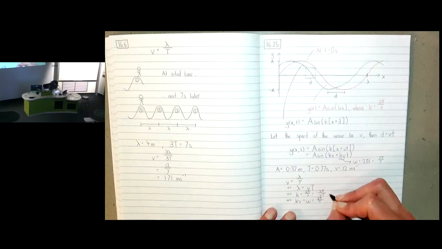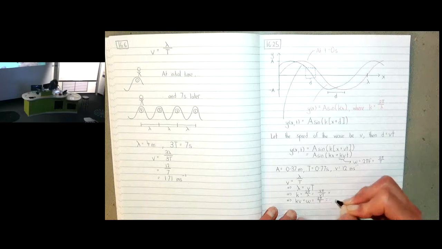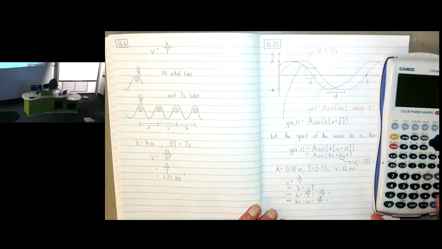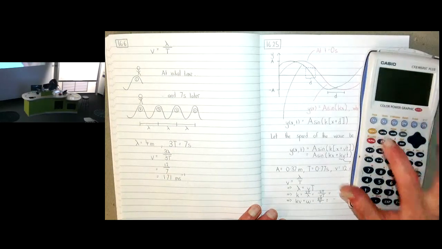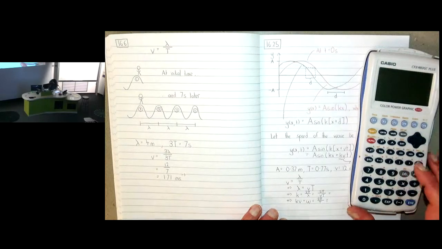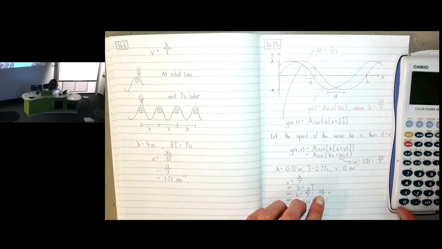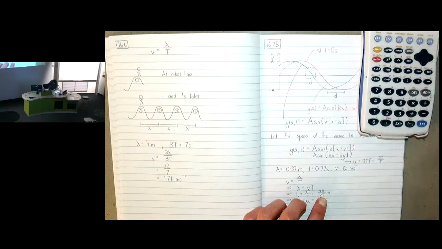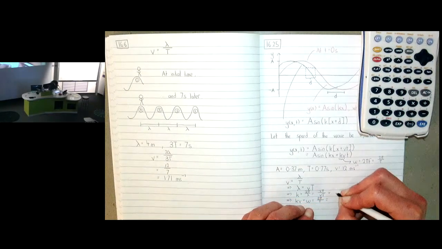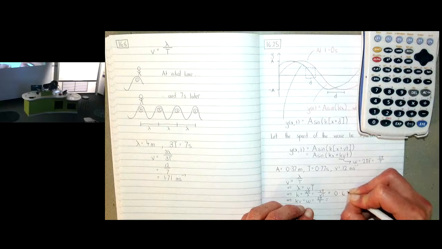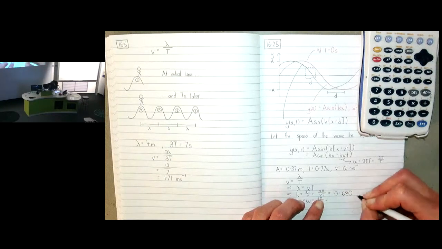So anyway, let's put the numbers into the calculator for this wave number. We have 2 times pi, divided by the speed, which is 12 meters per second, times the period, which is 0.77, and I get 0.680 inverse meters.